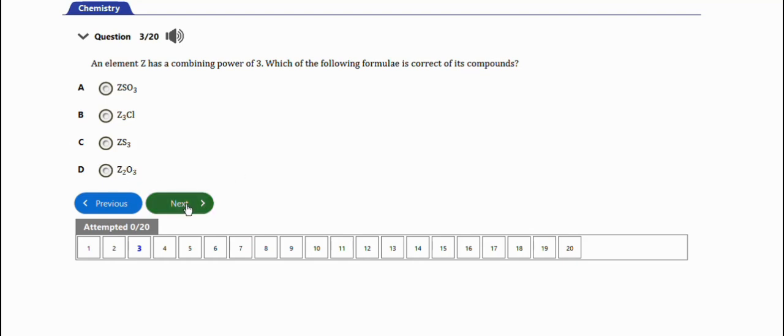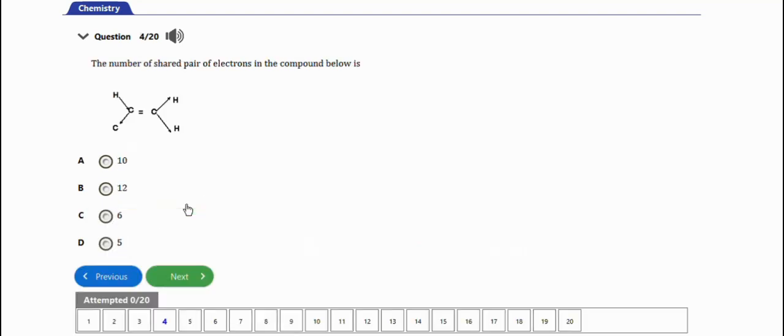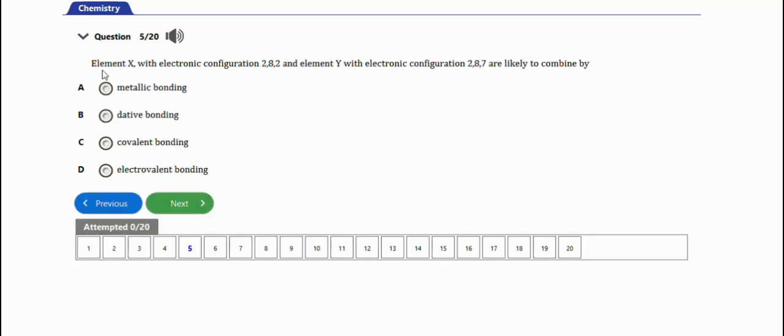The next question will be this one. It says the number of shared pairs of electrons in the compound below is, so the right answer here is option C, 6. Alright, take note of this question, guys. The next question says element X with this electronic configuration is magnesium, and element Y with atomic number 17 is chlorine.